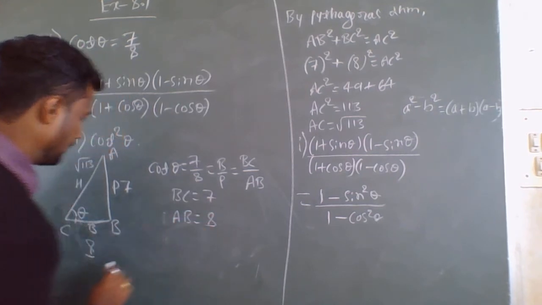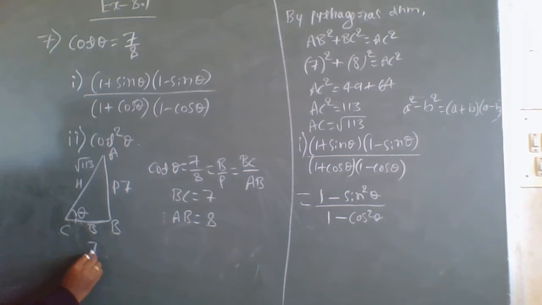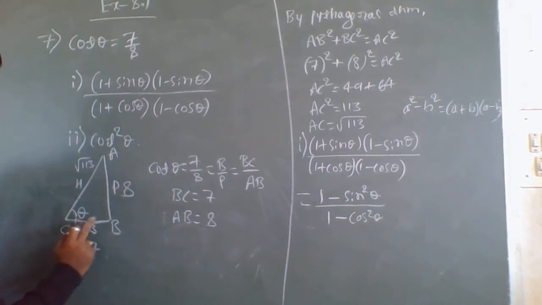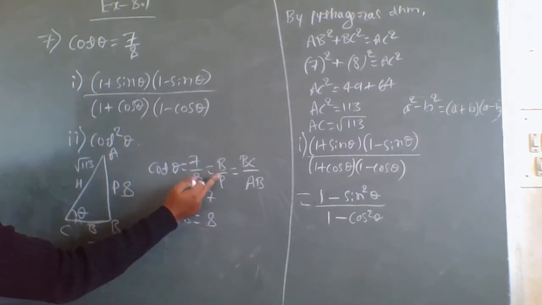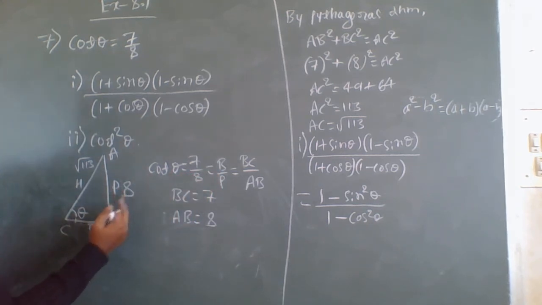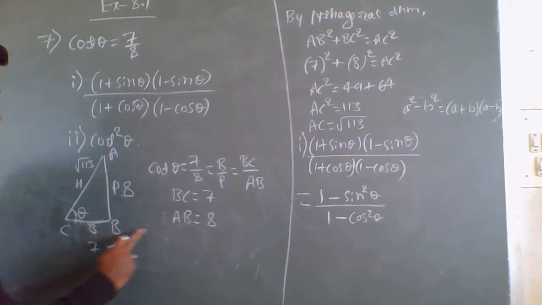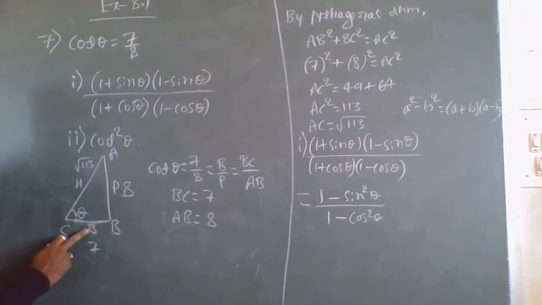Why? Cot theta equals 7 by 8 means base by perpendicular; base is BC and perpendicular is AB. So BC length is 7 and AB length is 8.